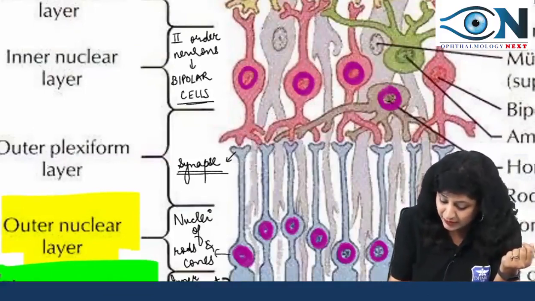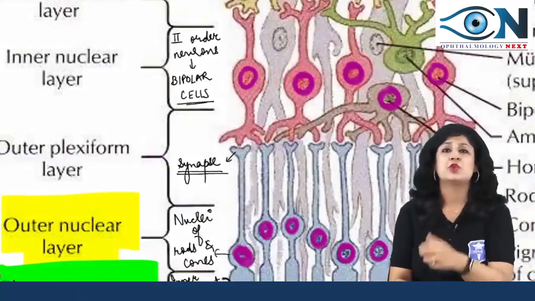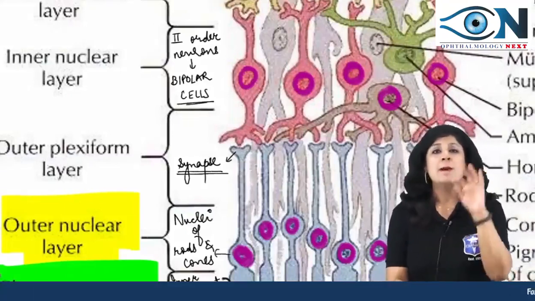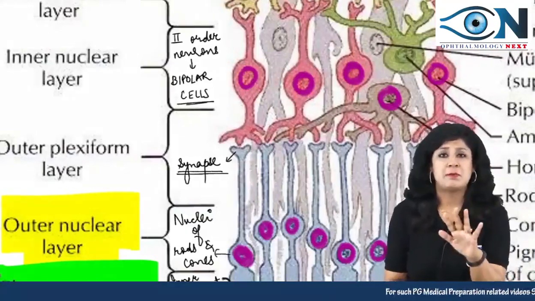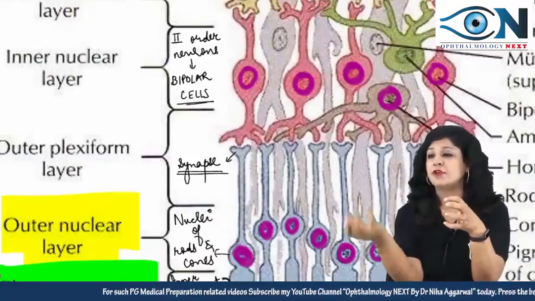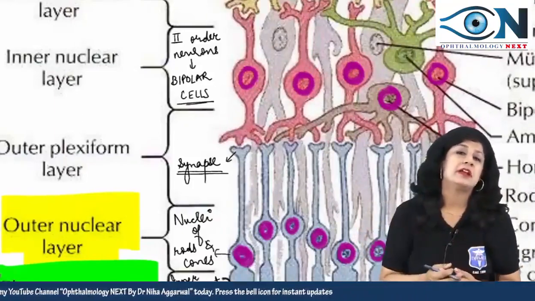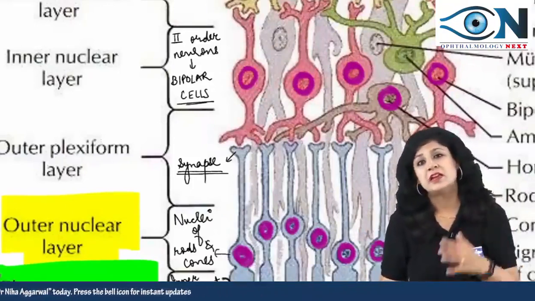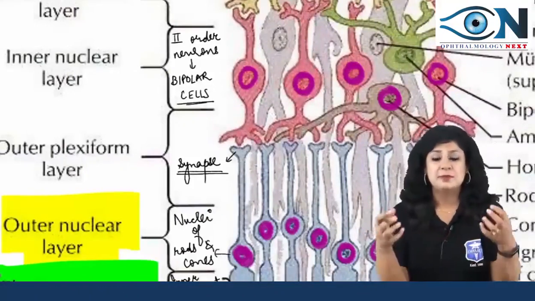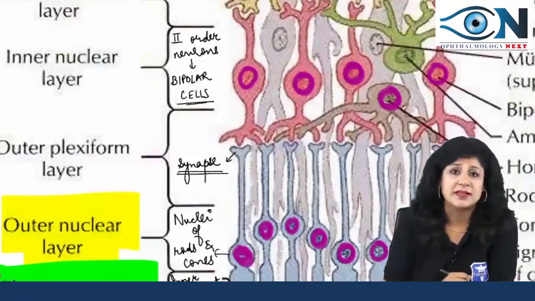Though we have got other cells also, some horizontal cells, amacrine cells, and bipolar cells, for practical purposes you can remember that mainly these are the bipolar cells because they are synapses between the first order and second order. So obviously the outer nuclear layer will contain the nuclei of rods and cones, and the inner nuclear layer will contain the nuclei of the bipolar cells. In between we have the synapse that is present in the outer plexiform layer.